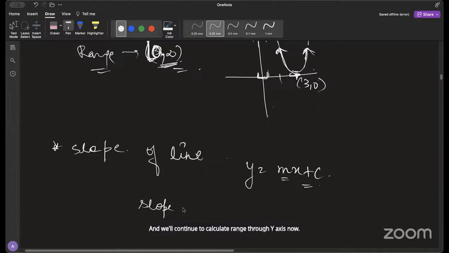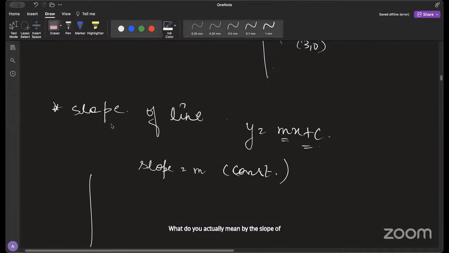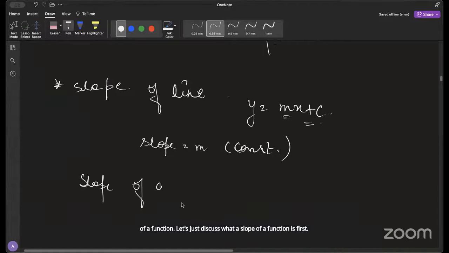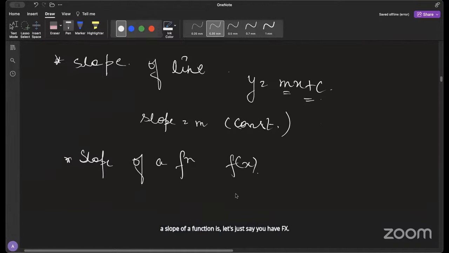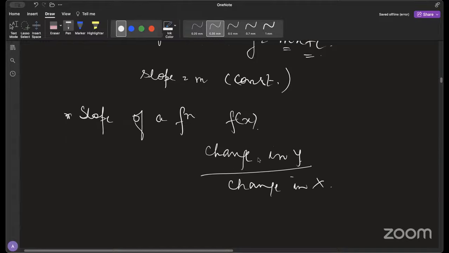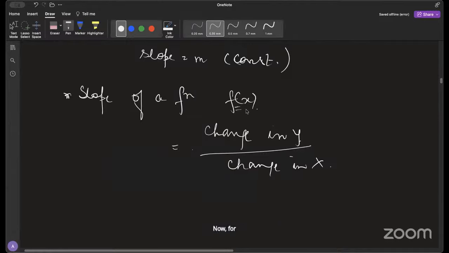Graphically, what do you actually mean by the slope of anything? Let's discuss what the slope of a function is first. Say you have f(x). The slope is basically the change in y with respect to a unit change in x. For any function, it depends on the point.